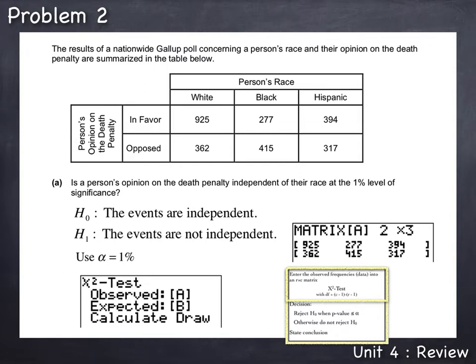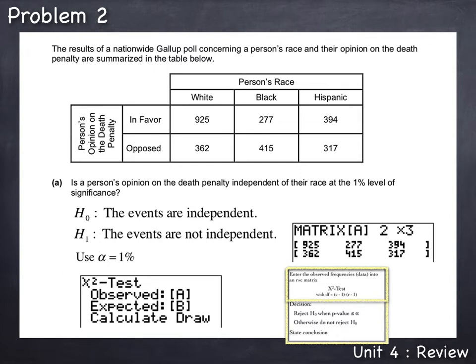In the chi-square test command, you're presented with the observed and the expected matrices. Since we put the observed frequencies into the default matrix A, we don't have to change anything. The observed is in matrix A. Enter. The expected values, by default, are entered into matrix B, so there's no need to change it. Just accept the default by pressing Enter.